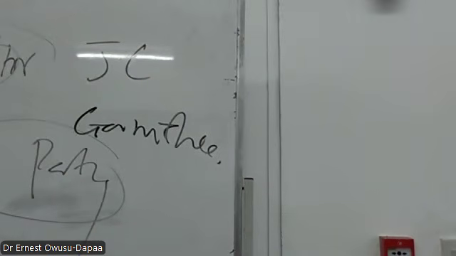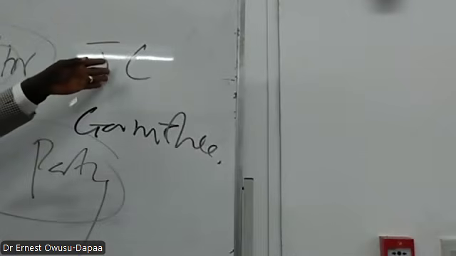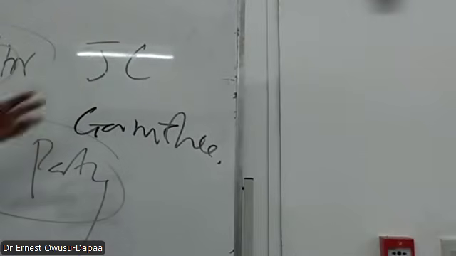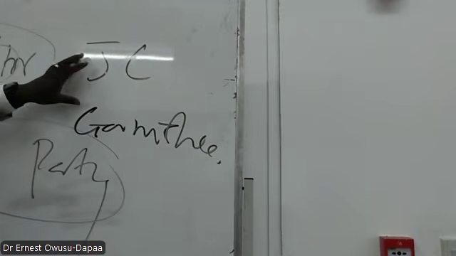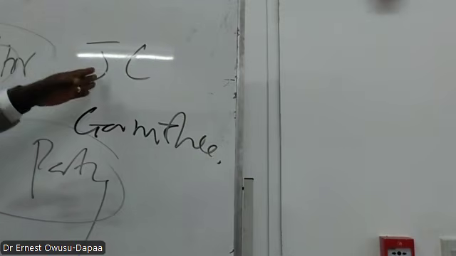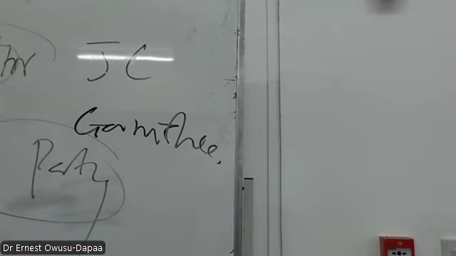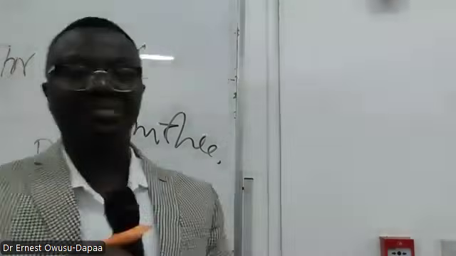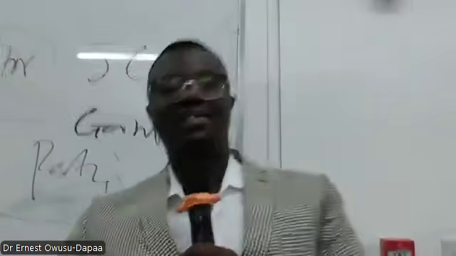So the Garnishee proceedings will allow the judgment creditor to go straight to the third party, bring the third party to court, and let the third party show cause, provide reasons why the money he is holding belonging to the judgment debtor should not be paid to satisfy the judgment debt which the judgment debtor owes the judgment creditor. Basically, that is what Garnishee proceedings involve.